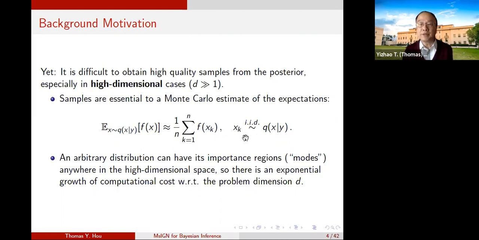So you would like to generate an IID sample that would match the posterior distribution, right? But especially in the high dimensional case, the important region may concentrate in a small subset of a very high dimensional space. So in order to capture the important region correctly, the computational cost typically grows exponentially with respect to the dimension.